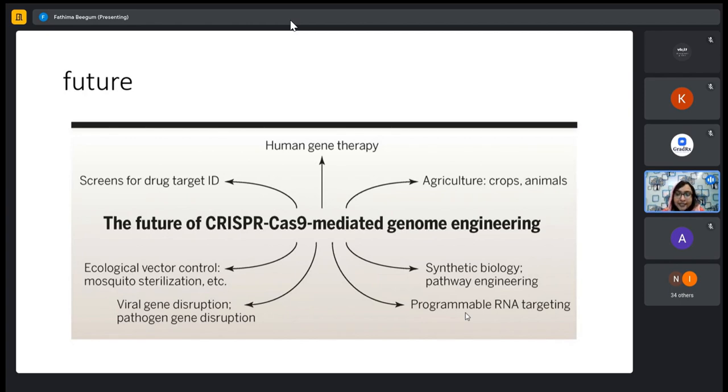Then in agriculture also, CRISPR technology can be used to produce very good crops, and new animal knockout models or animal models can be created. Then programmable RNA targeting is possible. Then target RNA drugs can be screened. Then pathogen gene disruption, viral gene disruptions, etc., can be analyzed.